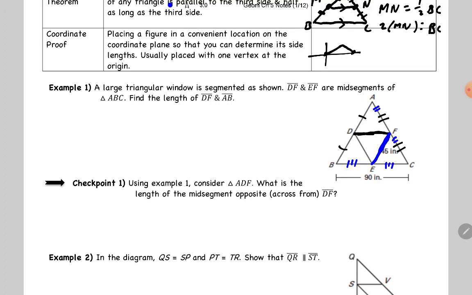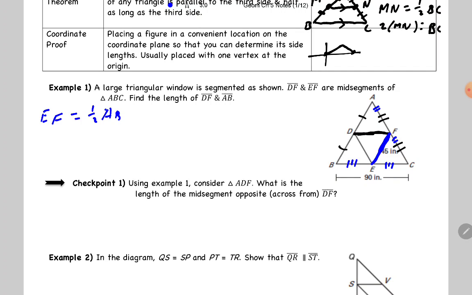AB, so looking at the blue again, EF is the midsegment, and it's equal to 1/2 the length of the third side. So the blue two sides are the AC and BC.